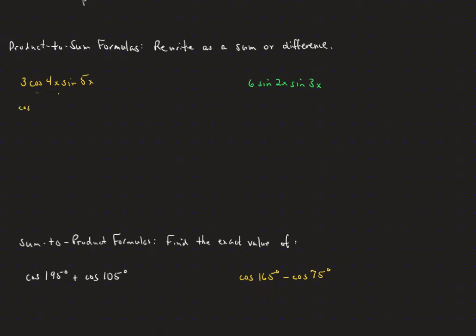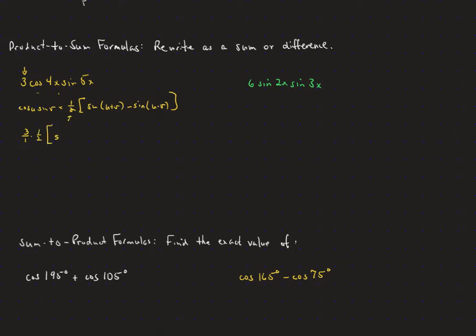And the formula there says cosine u sine v is 1/2 times the sine of u plus v minus the sine of u minus v. So this 3 is just hanging out. So that 3 is going to multiply the 1/2 that comes from our formula.